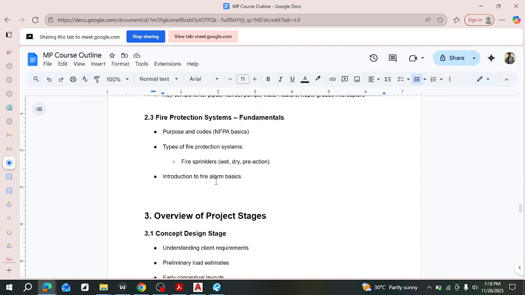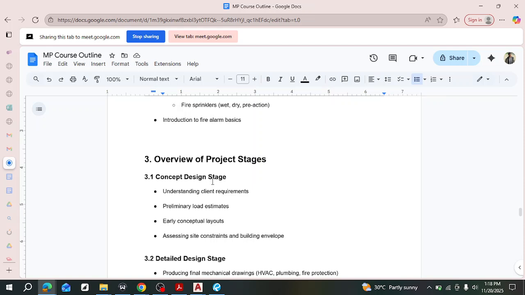Then fire alarm, I mentioned it has to do with notification systems and detection systems. The detection is like a smoke detector or gas detector. It detects any problem, and it's connected to the notification system that releases sound or light to warn people that there's a problem.